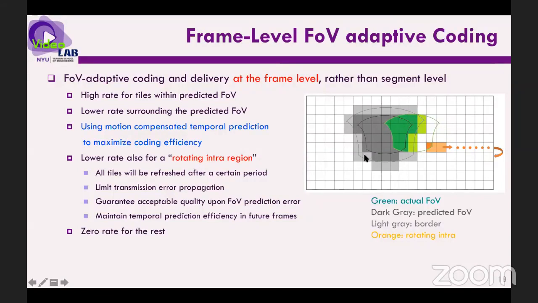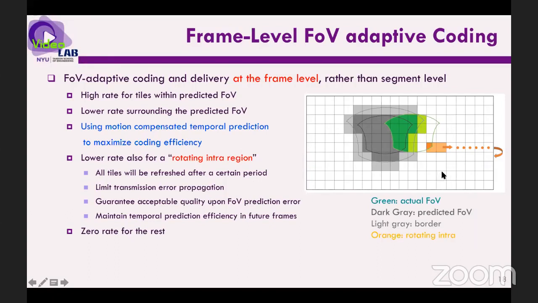And for both regions, we use motion compensated temporal prediction to maximize the coding efficiency. We also code a region known as rotating intra-region using a lower rate and we will slide this region from row to row so that all the tiles will be refreshed after a certain period.